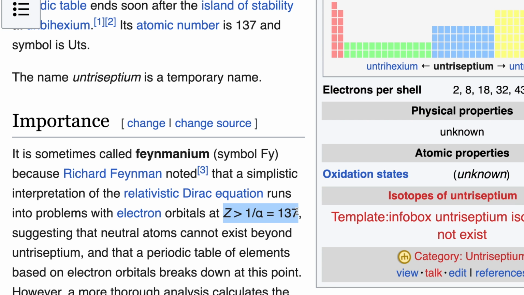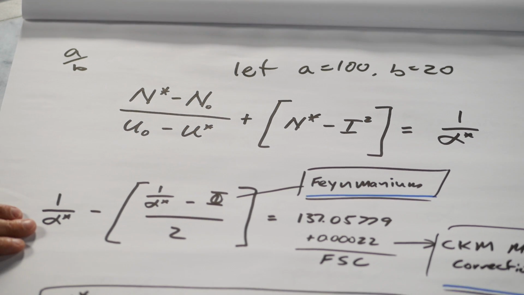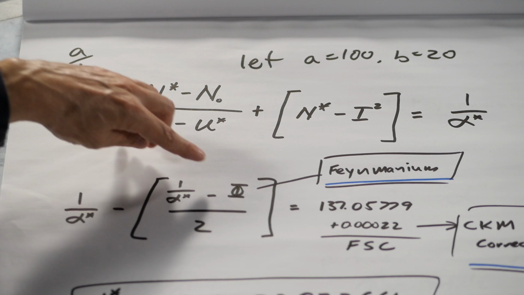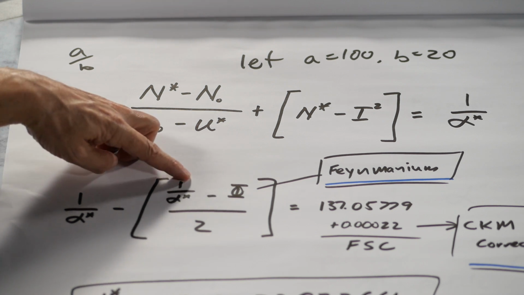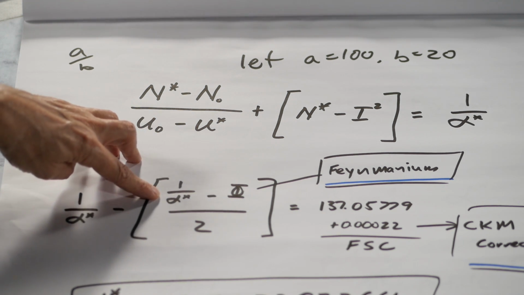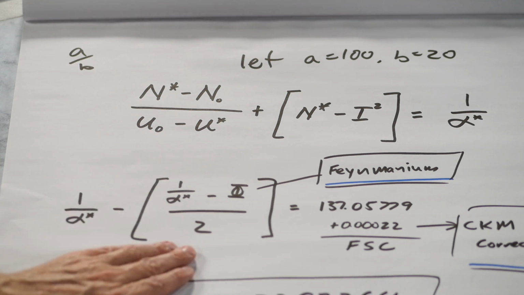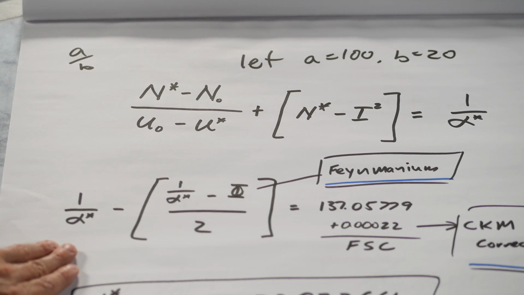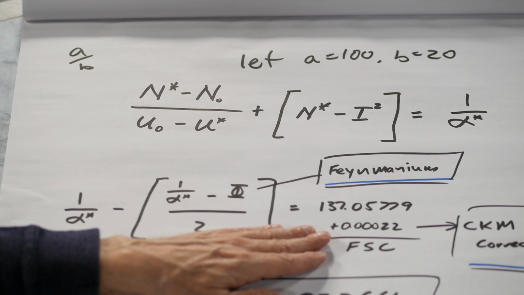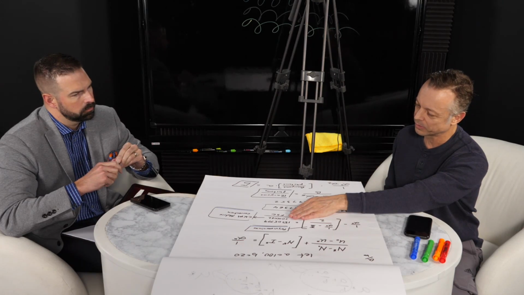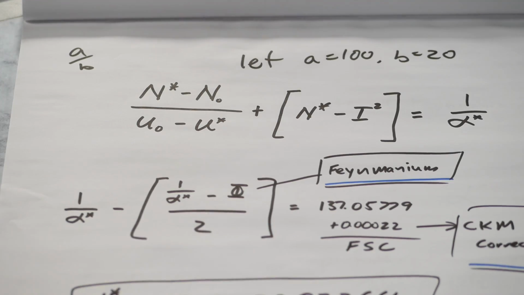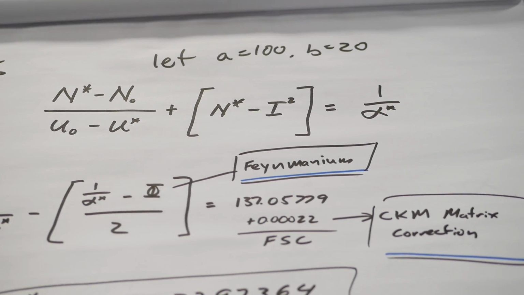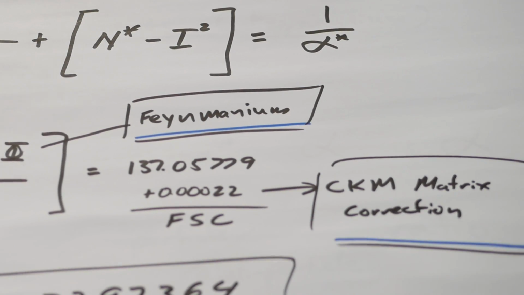What's interesting is that when I derived this equation, I just put the number 137 in here because, at a quick glance, if I subtracted 137 from the 137 number I had and divided it by 2, and then subtracted that again from that number, I got a number very close to the fine structure constant, which interestingly is off by an amount that's similar to that which we find with the CKM matrix correction.